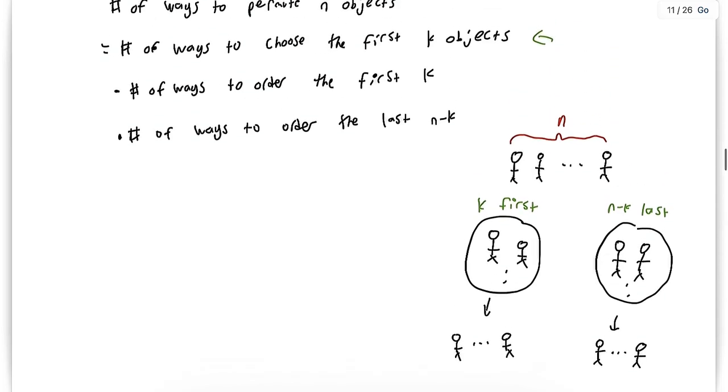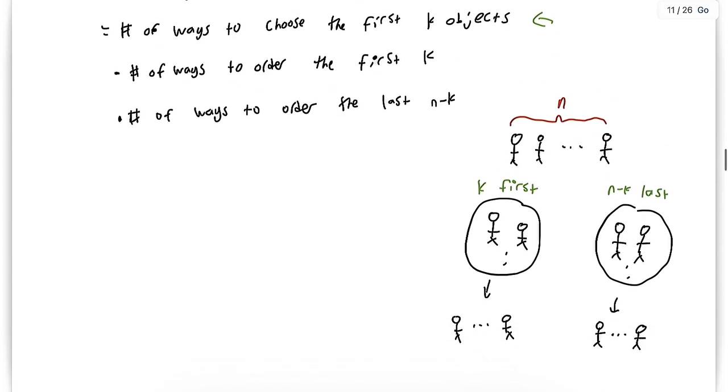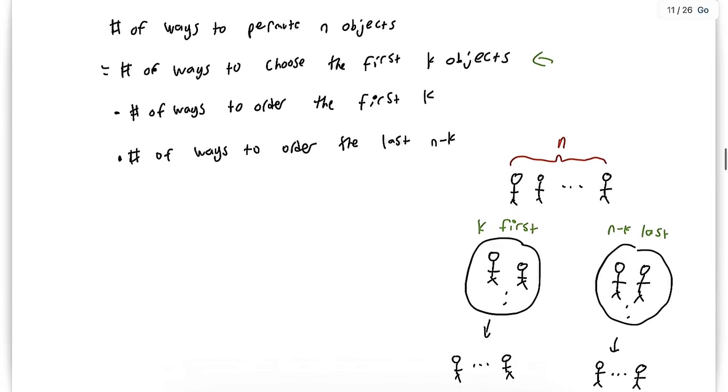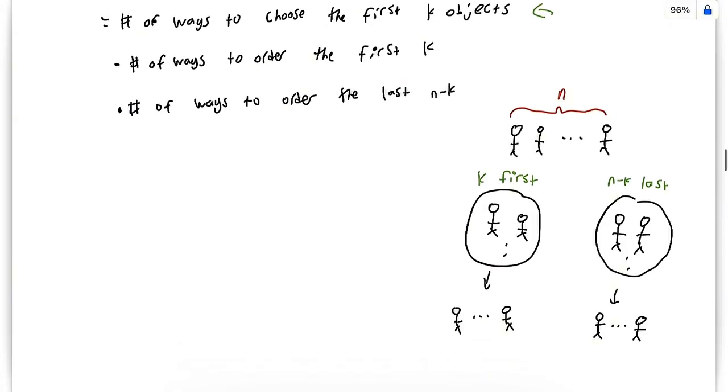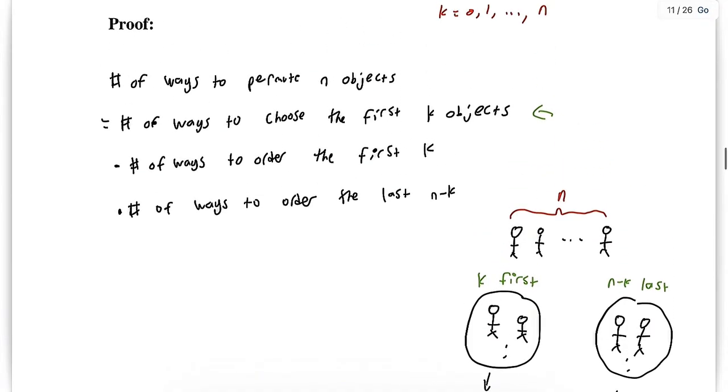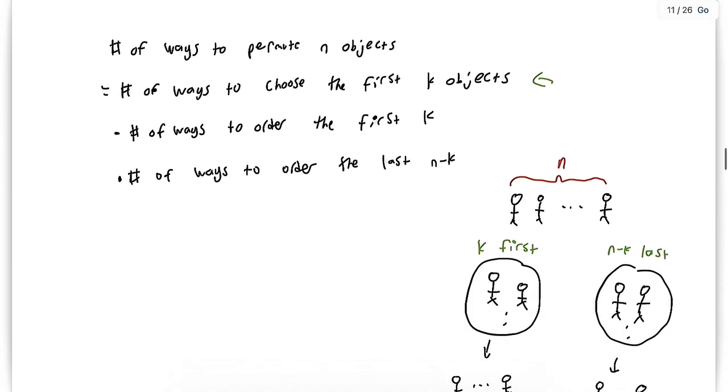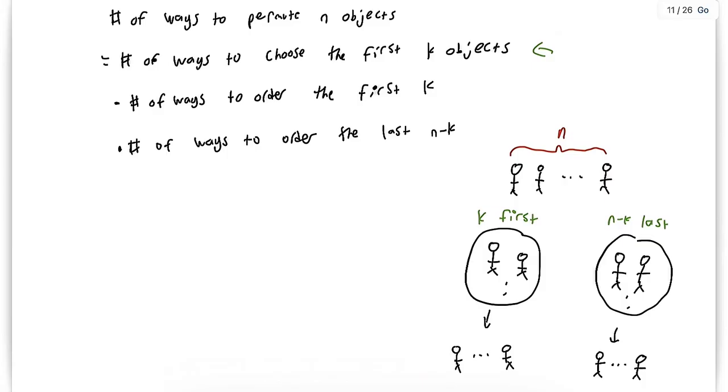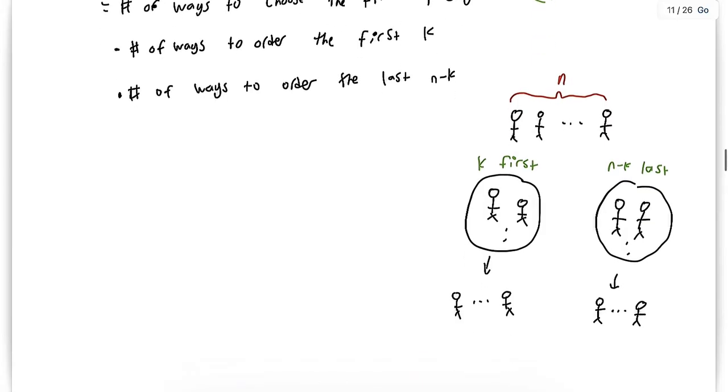And so this is just equivalent to just permuting them. The end result of this complicated process is just that we get a line of n people as we want. So I'm being a little bit vague on the details here, but essentially, for any k that you have between 0 and n, this process counts the number of ways to permute n objects, the number of lines of n people that you can make. It's the same thing.